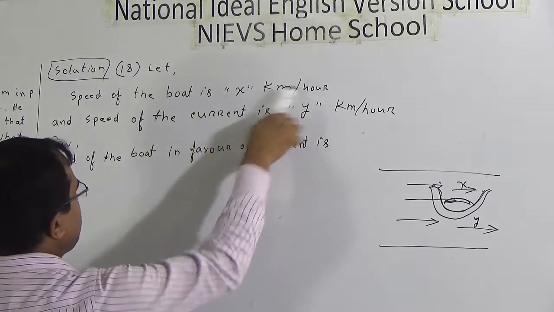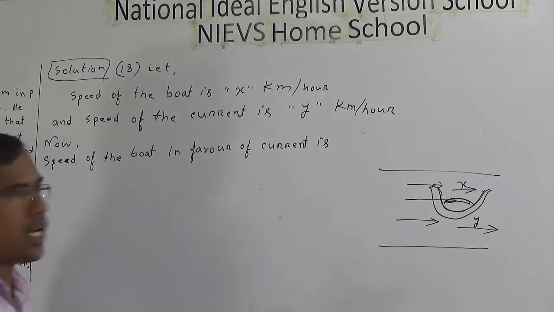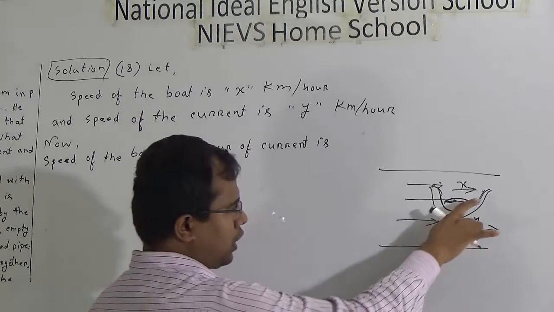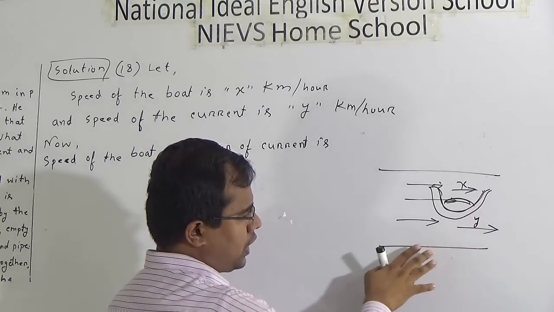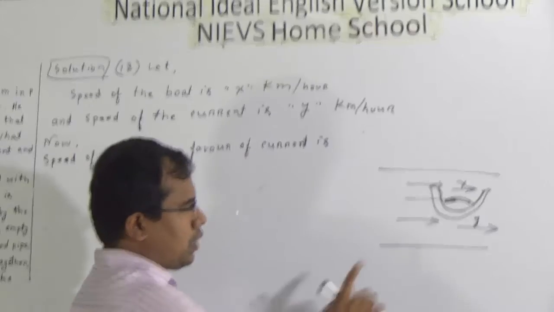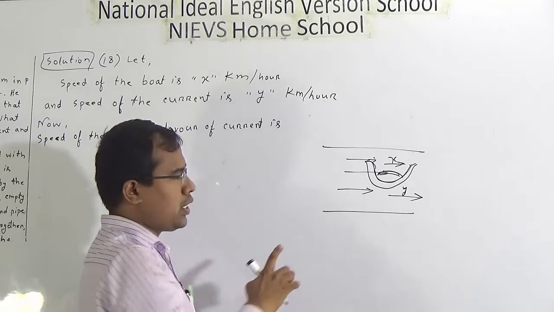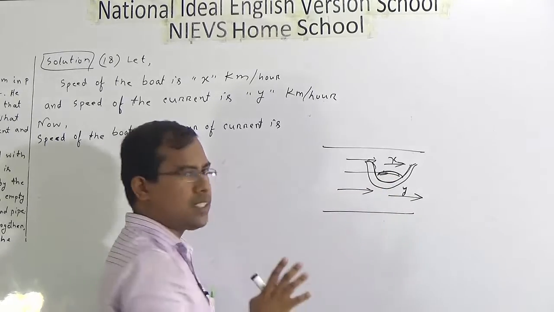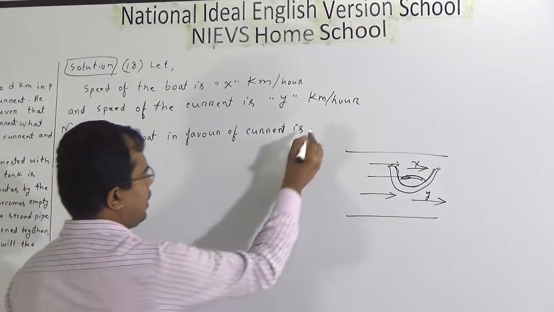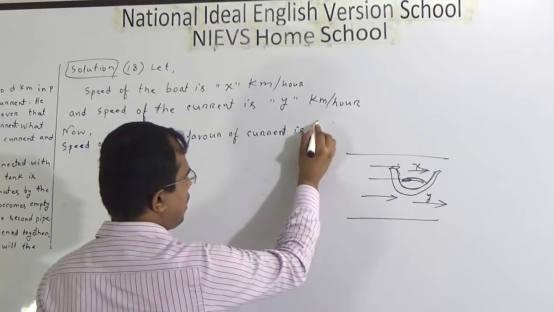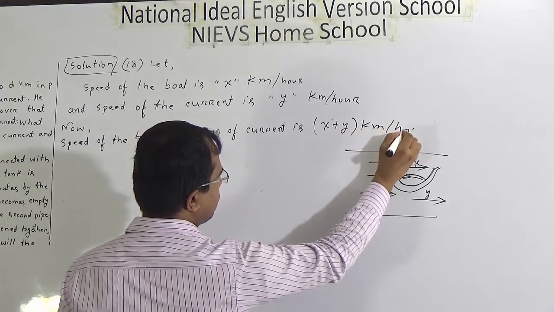In favor of current means direction of the speed of boat and direction of the speed of current are the same, so speed of the boat will be x plus y kilometer per hour.